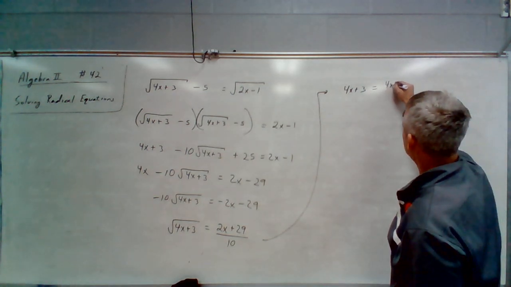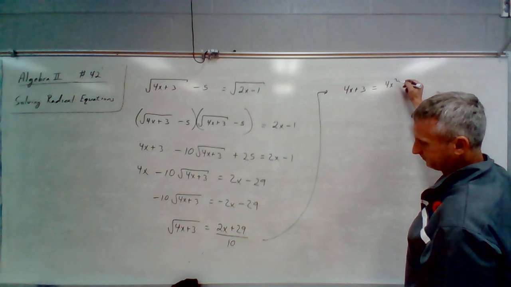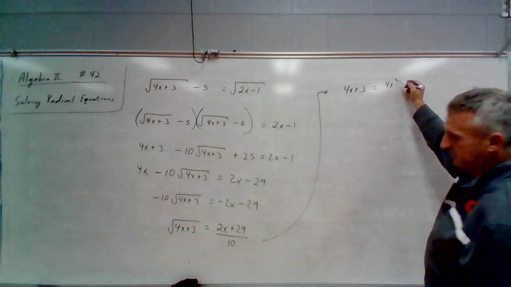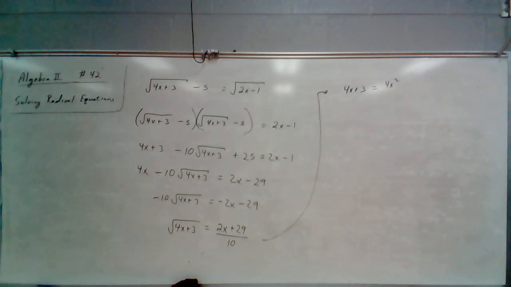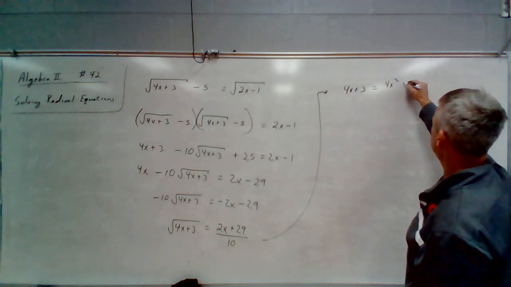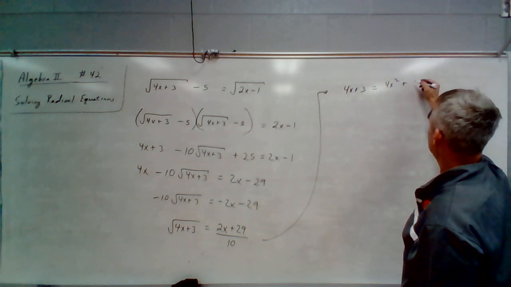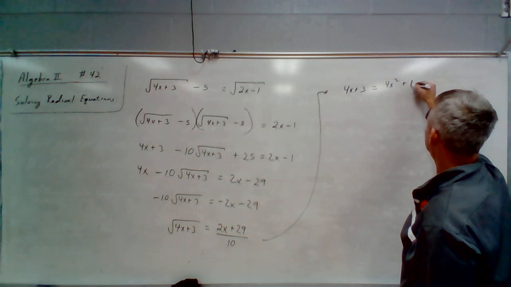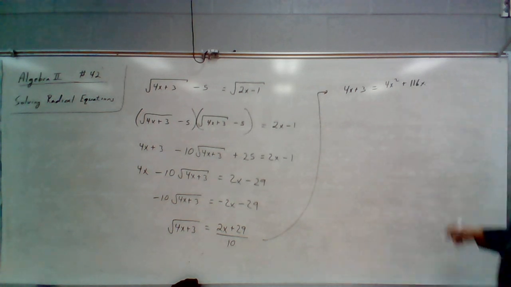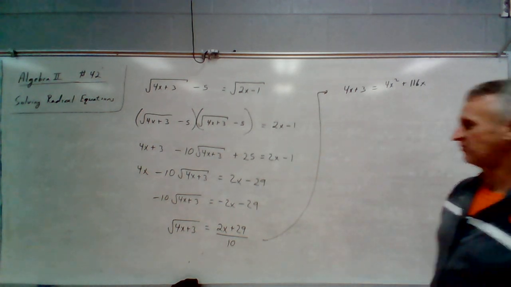So that'll be 4x squared. And then 2 times 29 is 58. 58x plus another 58x will be plus 116x.